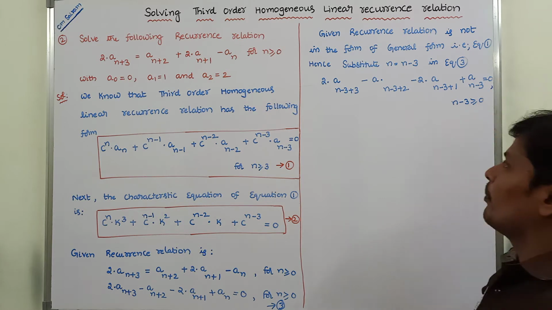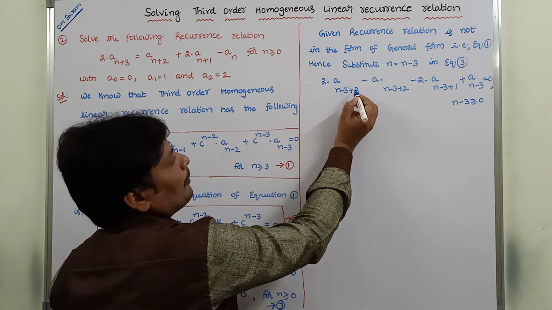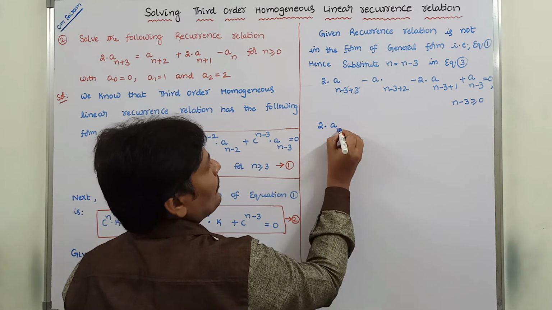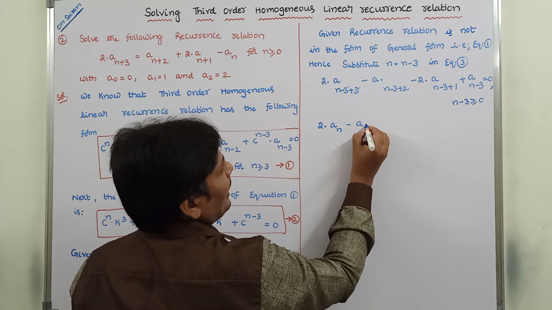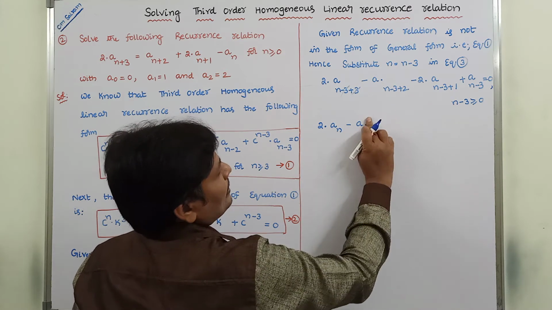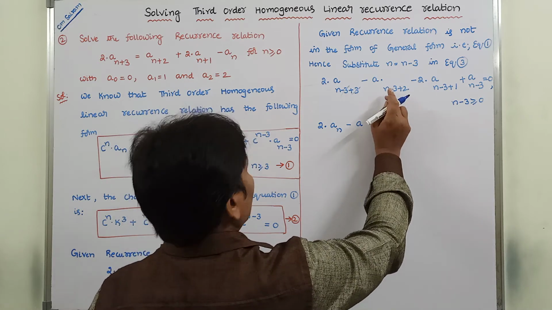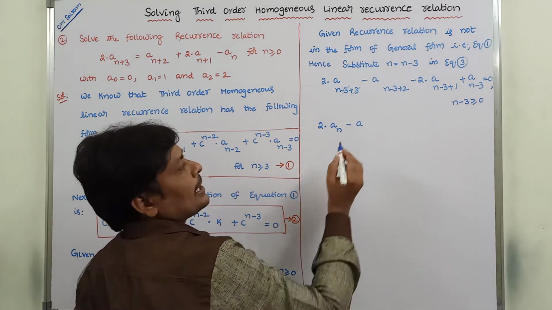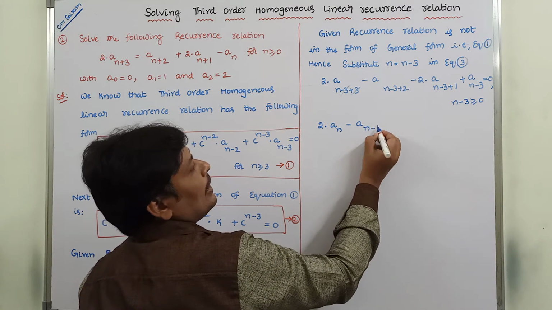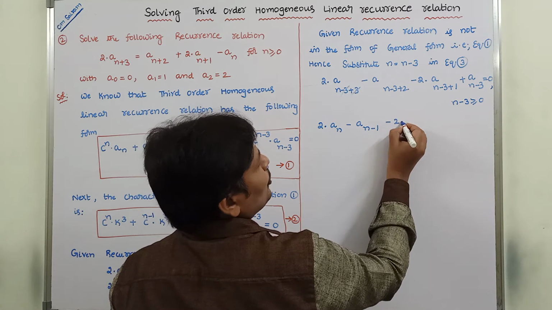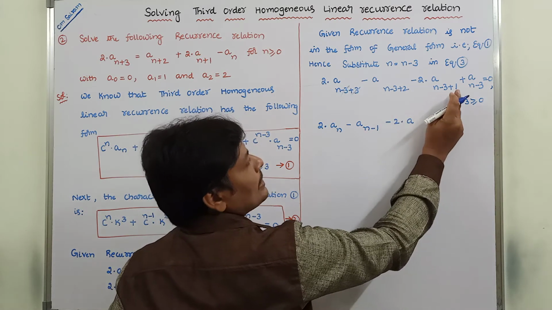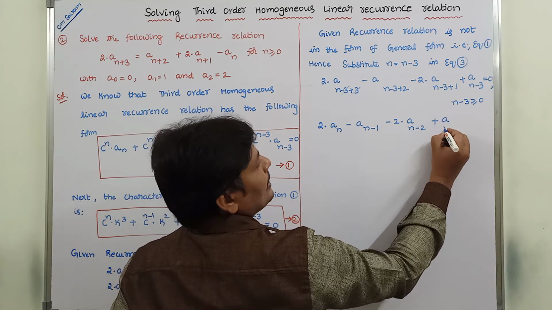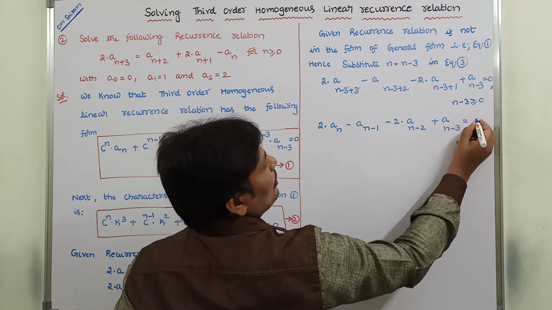Okay, so here minus 3 plus 3 cancel, so then we are getting 2 into a suffix n minus a suffix n minus 3 plus 2, that is minus 1, a suffix n minus 1, next minus 2 into a suffix minus 3 plus 1, that is n minus 2, plus a suffix n minus 3 is equal to 0.